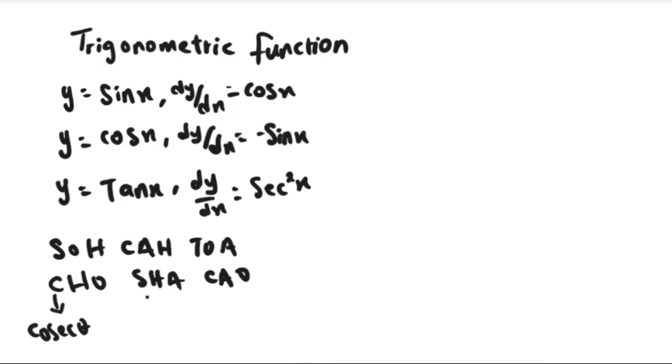Here you have your sec theta, which is your secant, which is hypotenuse over adjacent. Then you have your cotangent, which is your cot theta, which is adjacent over opposite. So cosec theta is 1 over sine theta, sec theta is 1 over cos theta, cot theta is 1 over tan theta. I'm just trying to explain what sec actually means.